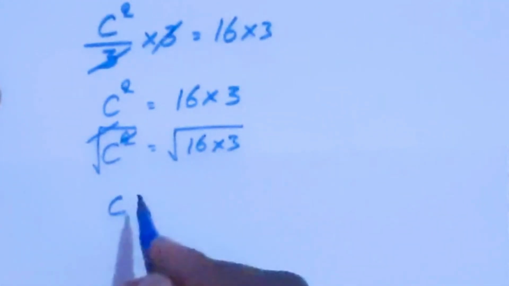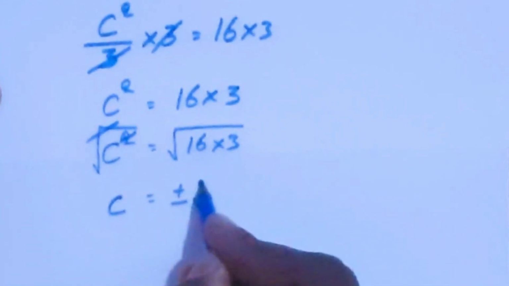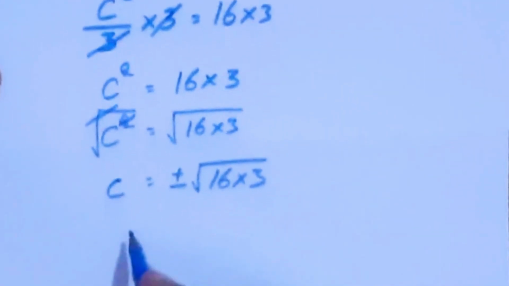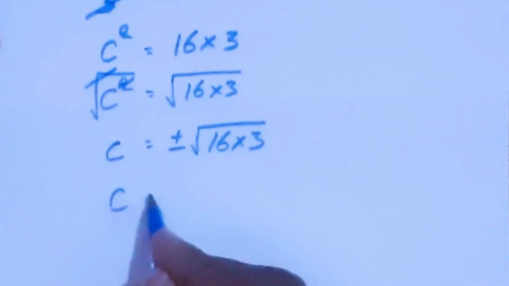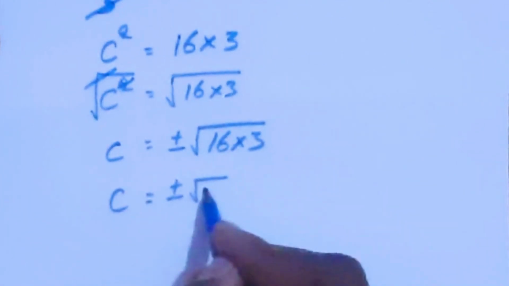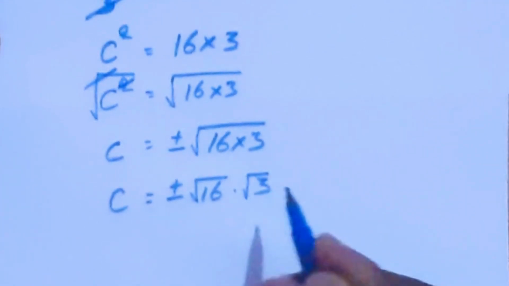Now we have C equals plus or minus square root of 16 times 3. Now C equals plus or minus square root of 16 times square root of 3.